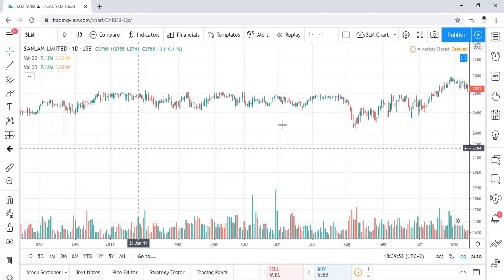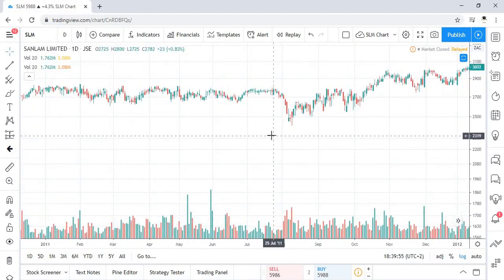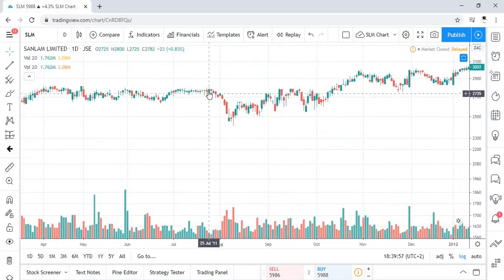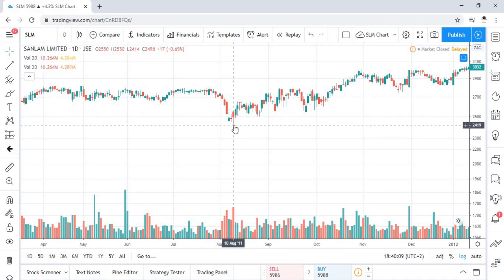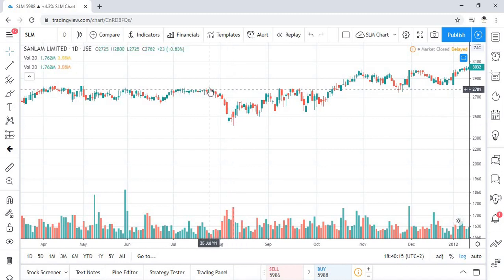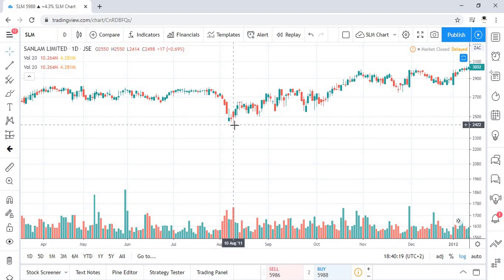So if you look at the points where the price moves quickly, like for example, if we take this point here, the highest price there was 28 Rand. And it was on the 25th of July 2011. And it came all the way down to that point of 24 Rand 19. So from almost 28 Rand to 24 Rand, it moved quickly.